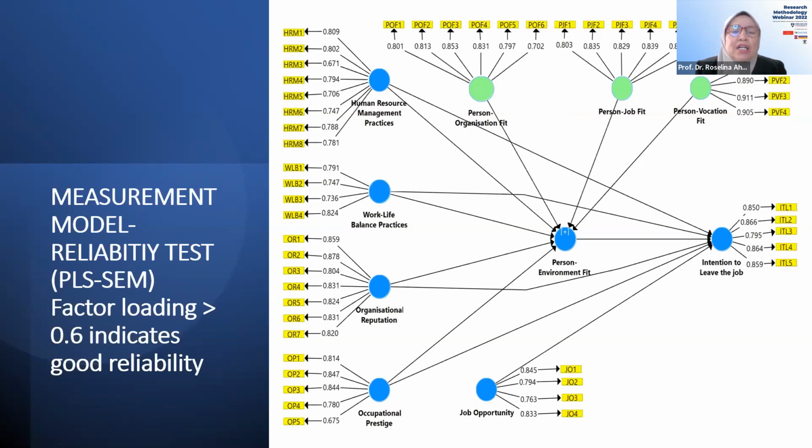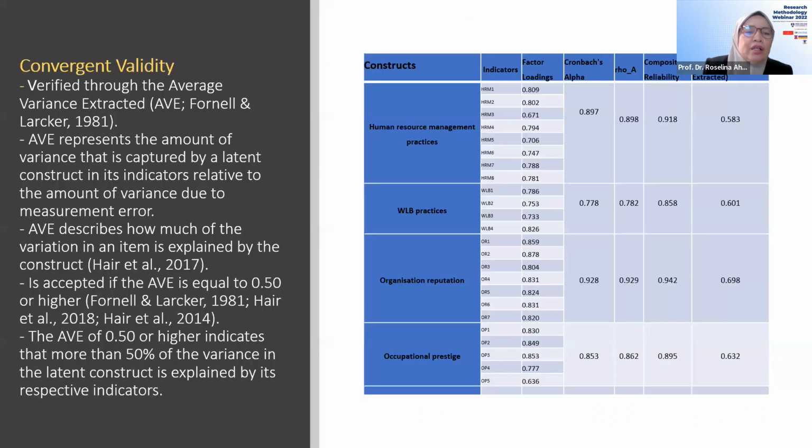So whichever item has reliability less than 0.5, you need to remove it and calculate the reliability test again. In most cases today, I see students are using Hair, so they use 0.6 and above. No worry, as long as you indicate which reference you use to set the threshold.